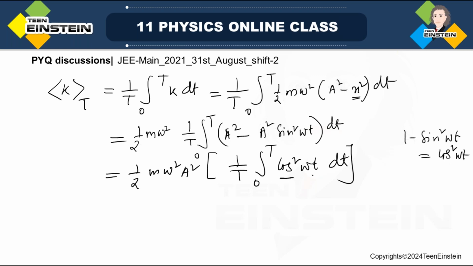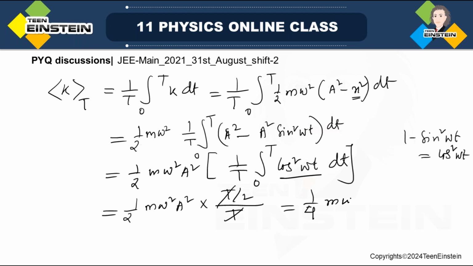As I said, the result of this integration will also be upper limit by 2. So half m omega square a square is common, this is T by 2 here, and T I have here already, so I get 1/4 m omega square a square.